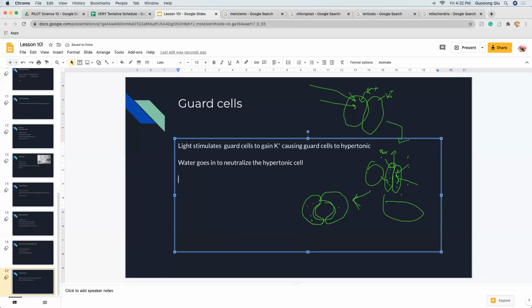And then because the water goes in, it's under turgor pressure. And again, the guard cells swell open.